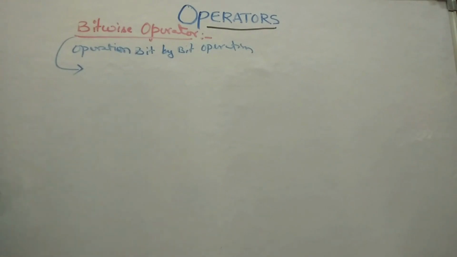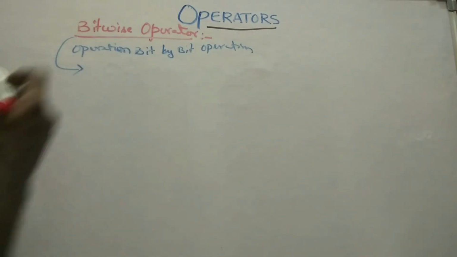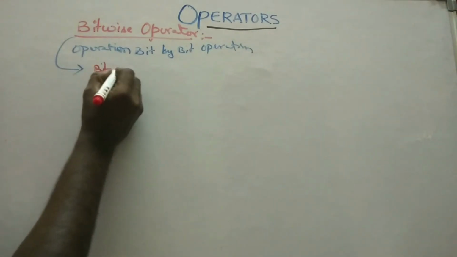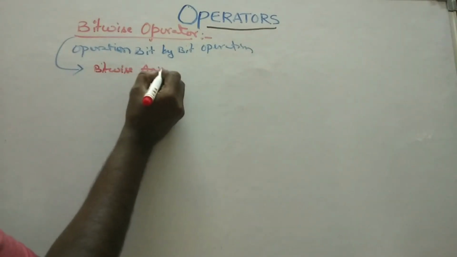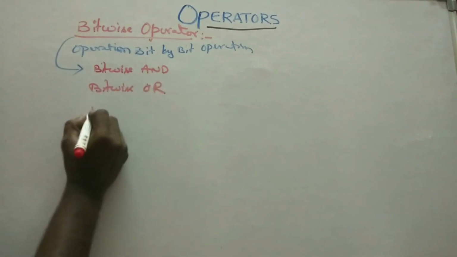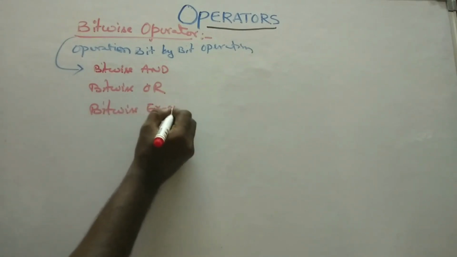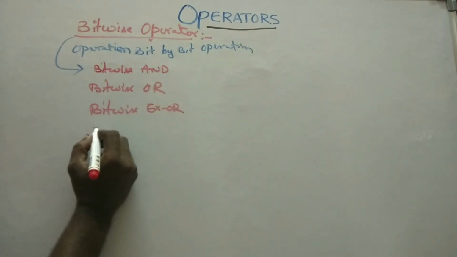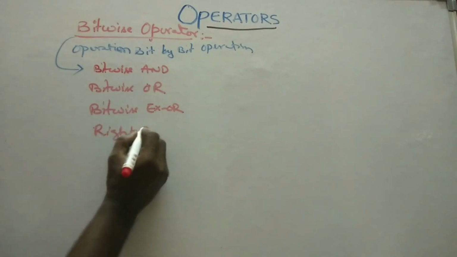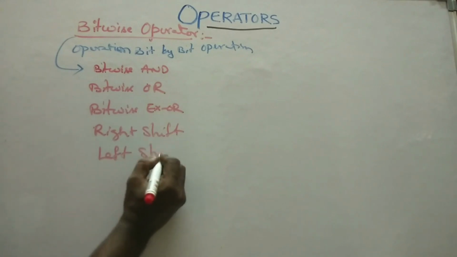Now what are the bitwise operators we have? The bitwise operators are bitwise AND, bitwise OR, bitwise exclusive OR (XOR), right shift, and left shift.